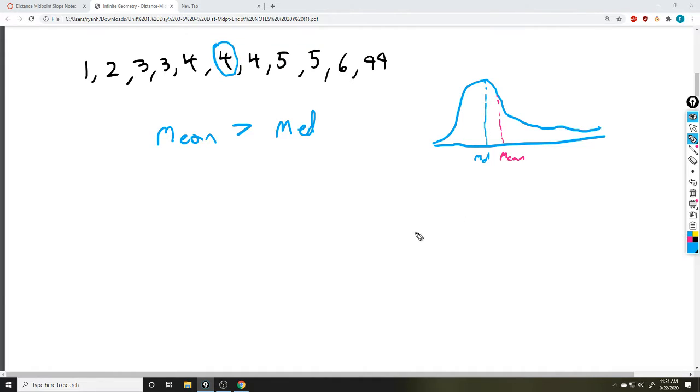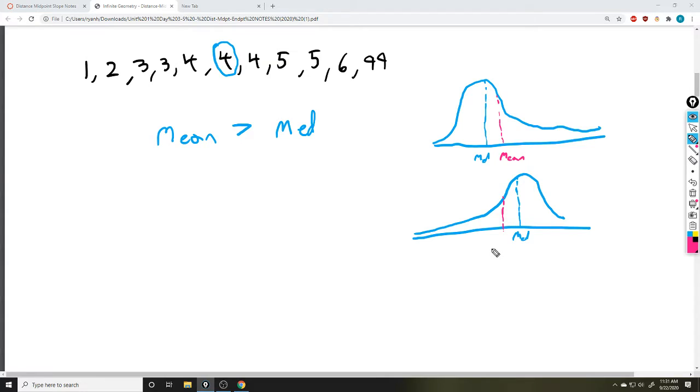Now, if we have a skewed left distribution, so let's draw the tail over here on the left. That's what's causing the skewness. And then we have this bunch of data here. Then the opposite's going to happen. The median's still going to be around here. That's going to be around where the middle value is. And the mean is going to get pushed down by all these small values that I'm adding over here.